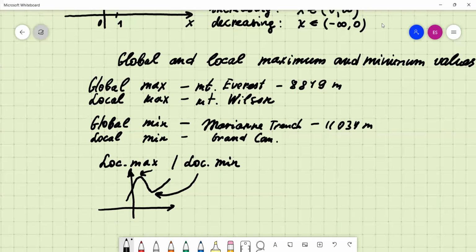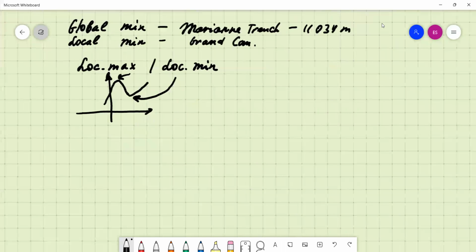Okay. Well, it's impossible for Earth, because if you take a picture of the whole Earth, you are not going to have an end of the picture, but for a function it happens sometimes, right?